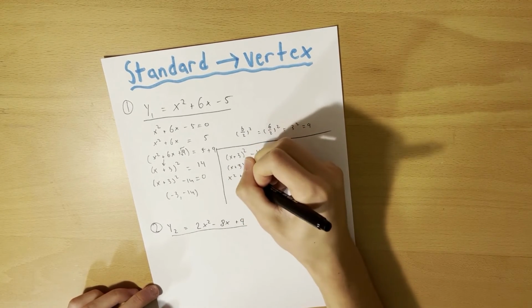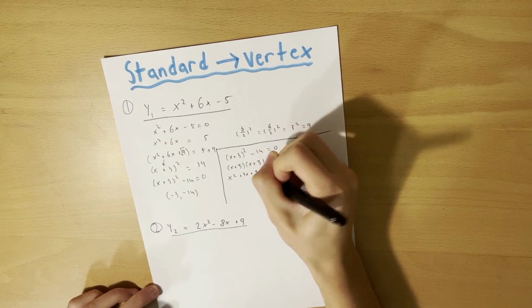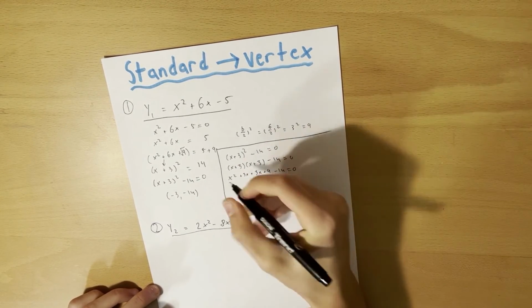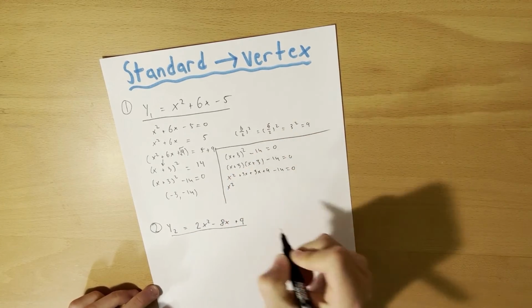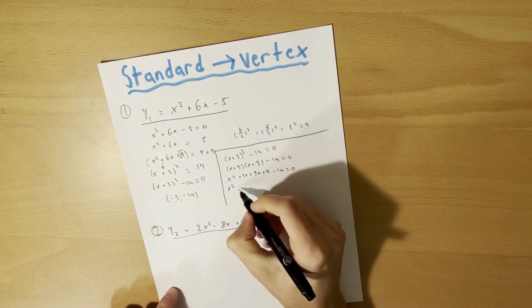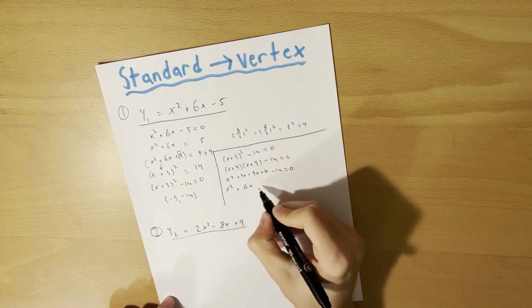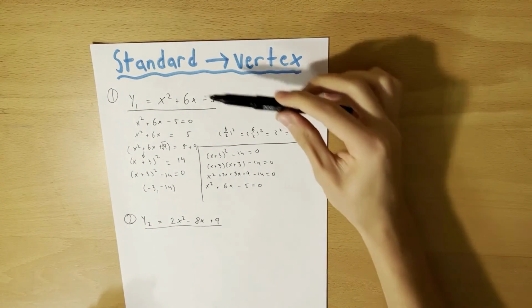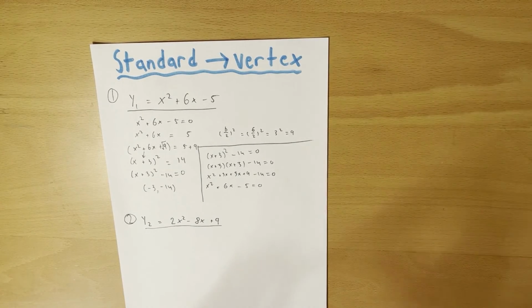X squared plus 3x plus 3x plus 9 minus 14 equals 0. So that becomes x squared plus 6x minus 5 equals 0. And just like that, you are back at the standard form.